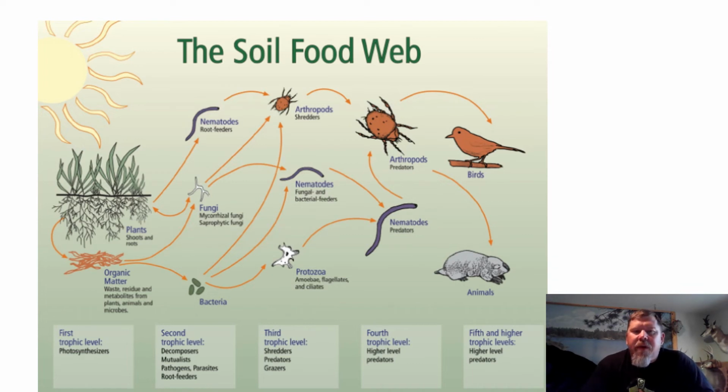One of the first things that we need to understand with the soil food web is that it's what's making those plant available nutrients available to our plants. So when we look at the soil food web, we need to understand the bottom of the chart first, with the trophic levels. So the first trophic level is the photosynthesis.